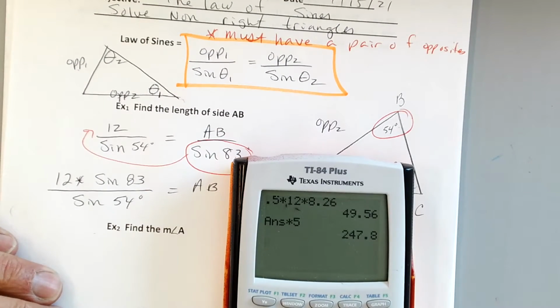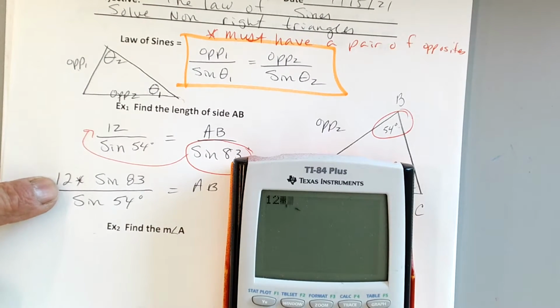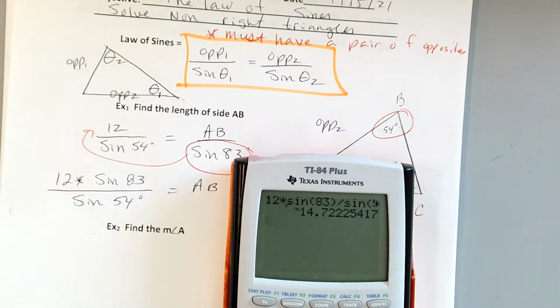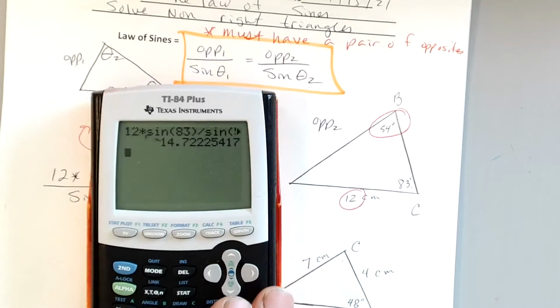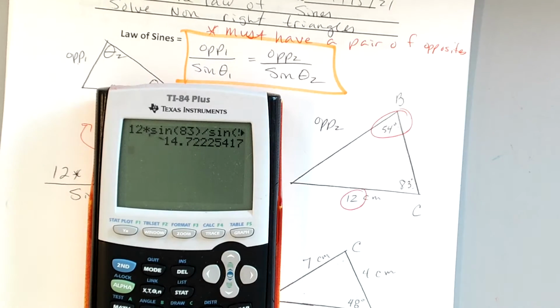Okay, I'm going to go ahead, clear. We're just going to go 12 times the sine of 83 divided by the sine of 54. And I get an answer of 14.7. Does that answer make sense? Looking at the triangle, does a 14.7 make sense? Yeah, I mean, if this is 12, that could be a 14.7.